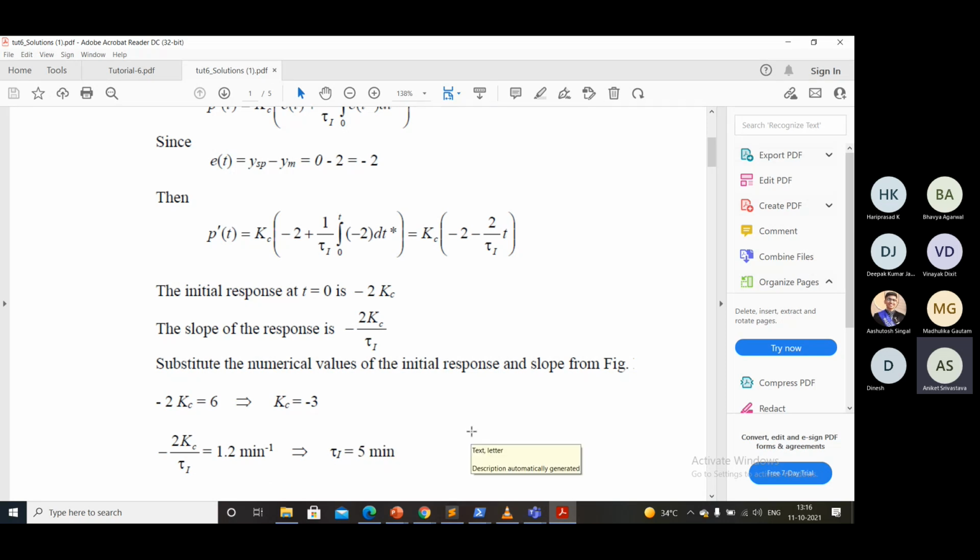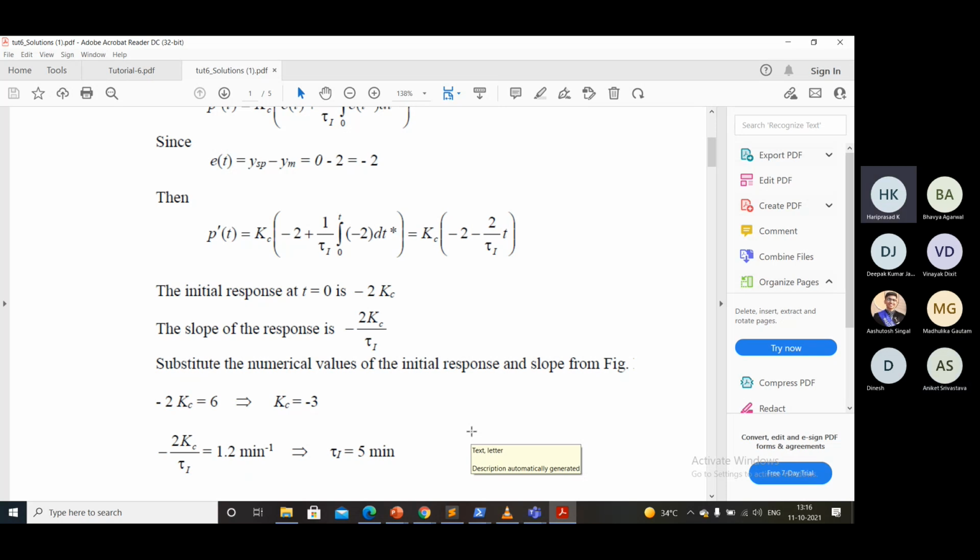Any doubts in this one? Could you solve it by yourself, or did you get stuck? At least the steps were right. Any issues? How many of you are here? Around 8, but I hope you are able to solve it. Any step that is not clear?